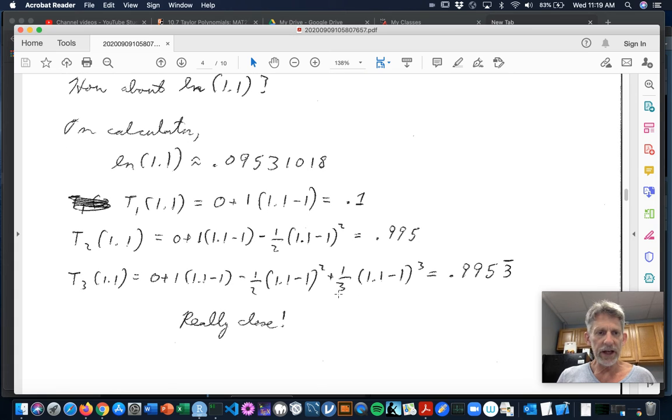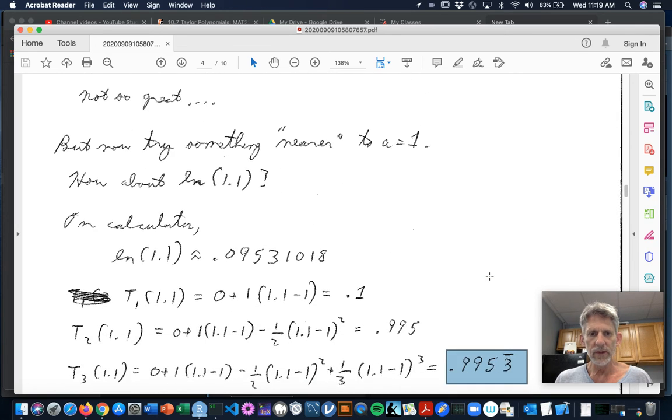And I went and found my polynomials, the linear, the second degree, and the third degree at 1.1. And I will not bore you too much with the calculations, but you'll notice they are kind of leveling off pretty quick. This is 0.1, here's a 0.095, and here's a 0.0953333 repeating.